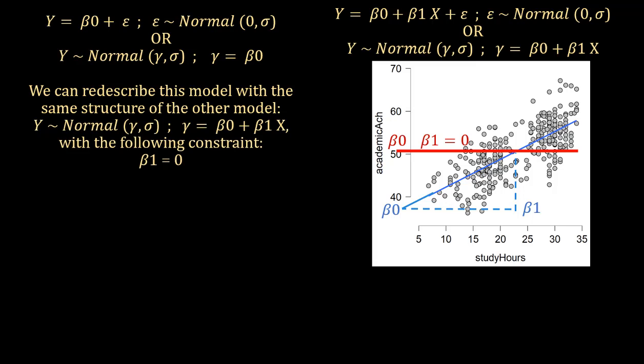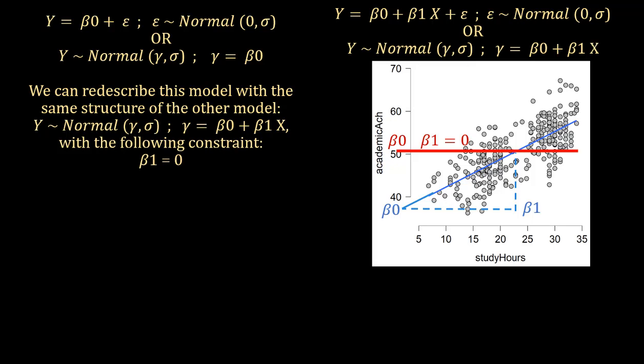Now, we can redescribe the simpler model of the two. Instead of having a different structure, we can use the same structure as the complex model. So, same as before, we can say that y is normally distributed with a mean of gamma and standard deviation of sigma, and we say that gamma equals beta 0 plus beta 1 times x, which is the same as here.